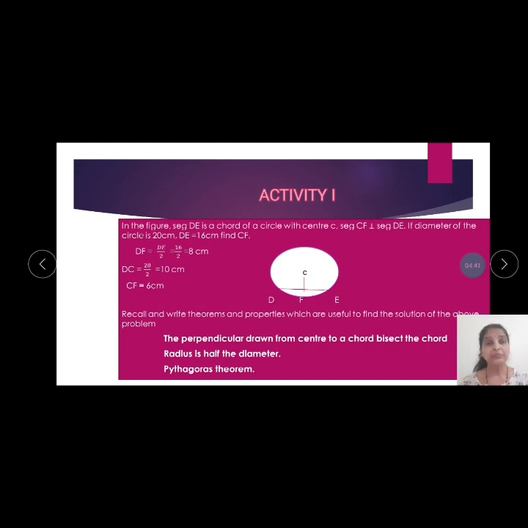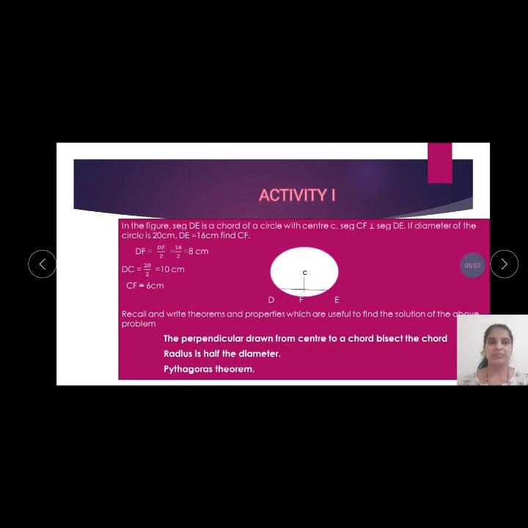It means that it divides the chord into two equal parts, right? So DF will be equal to FE, as perpendicular is landing on DE at point F. So F will be the midpoint of DE, right? So length of DE is 16 centimeter. So DF will be half of it, that is equal to 8 centimeter.